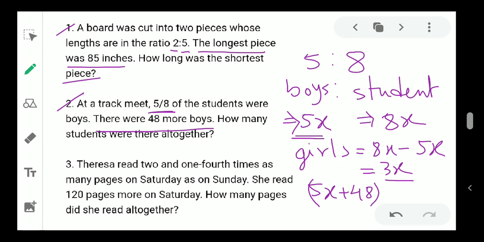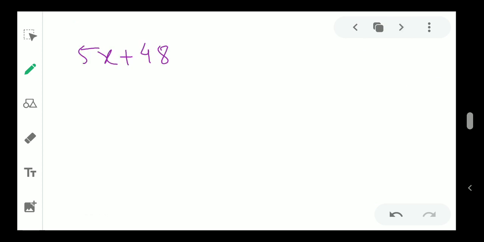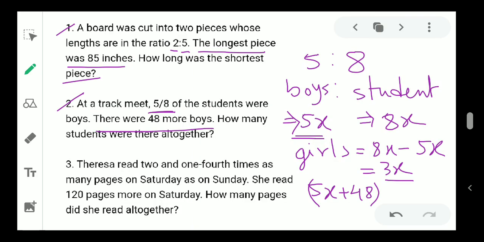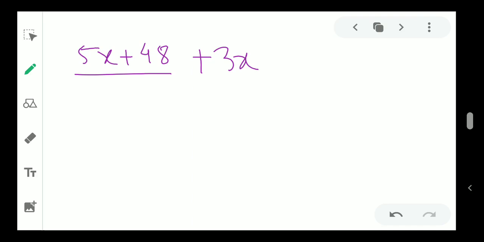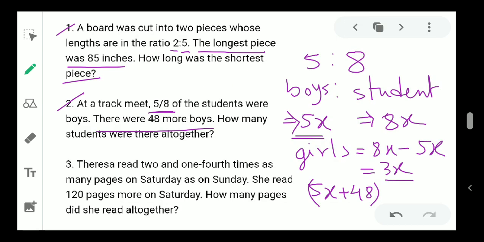I think there is some misconception in the question. The number of boys and the number of girls, that is 3x, if I just add them, there is still x and there is no way to find the value of x because there is no condition.